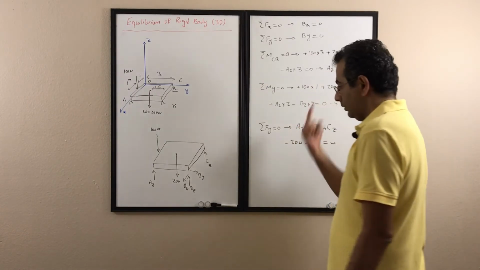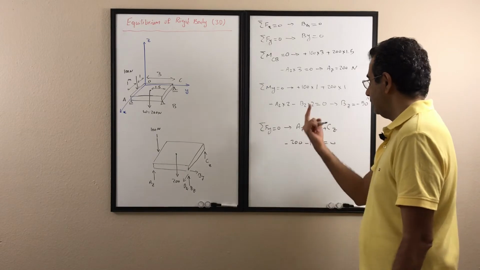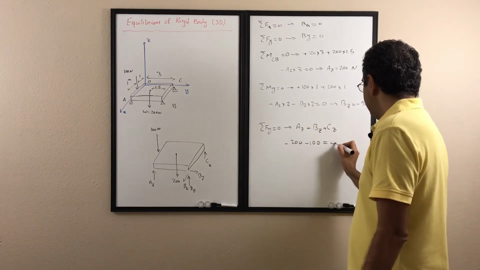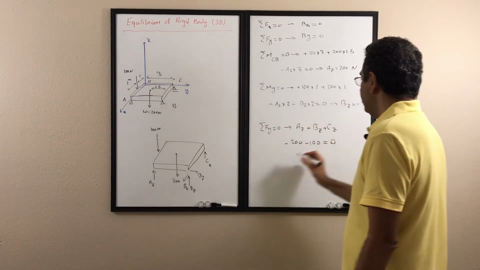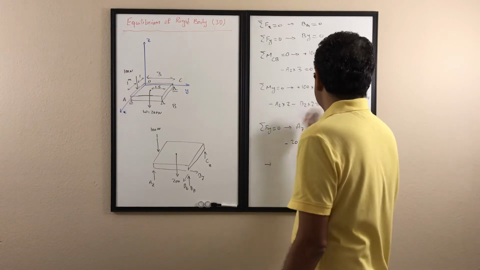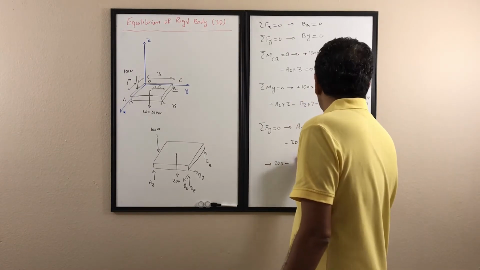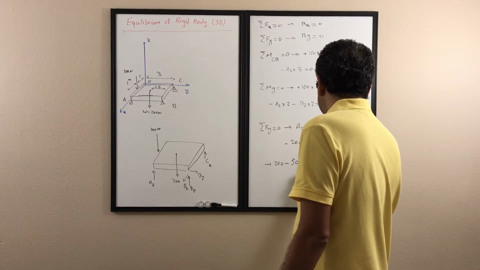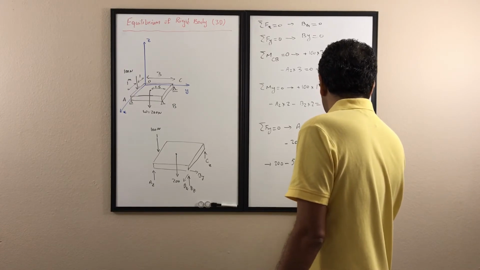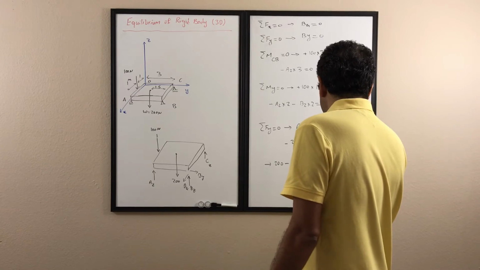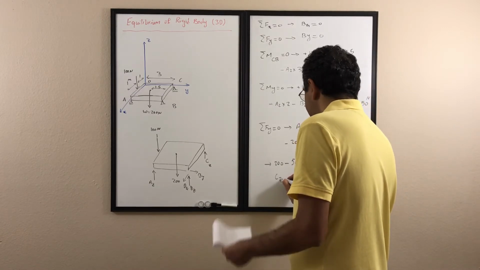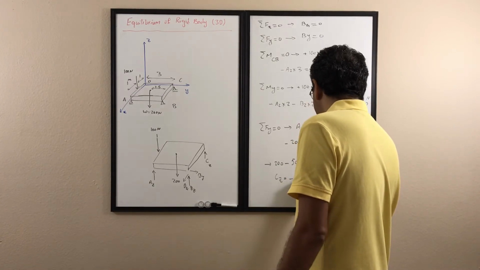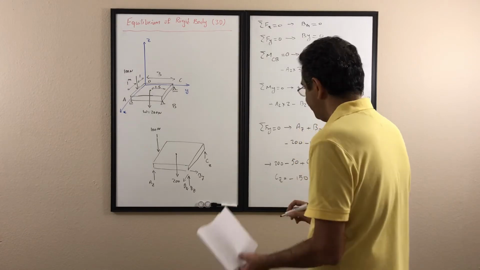AZ, BZ, CZ, all of them we assume are upward, so if we substitute, AZ is 200, BZ is negative 50, plus CZ minus 200 minus 100 is 0, then CZ comes out negative 150 Newton.